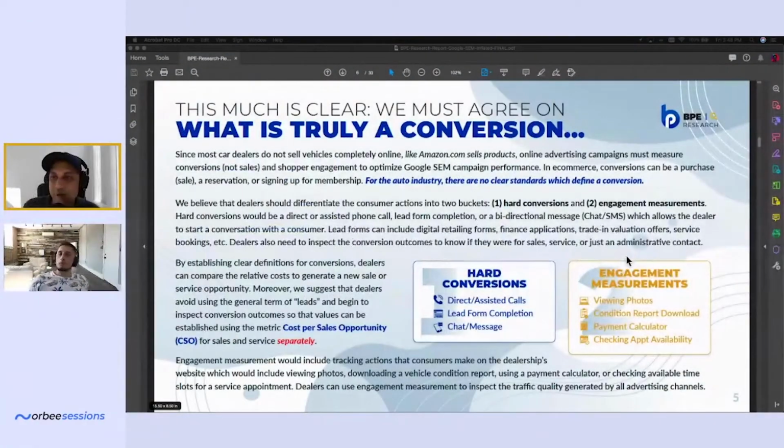What are these conversions? You start to realize that there are hard conversions happening in all these different places, and then you even have engagement measurements that are also happening in these potentially third-party tools: payment calculators, appointment setting for your service, looking at photos. All of these things can be third-party tools that sit on your site.